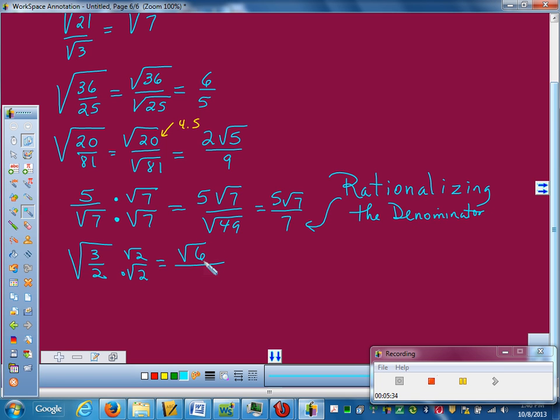Square root of 6. And the shortcut is to learn that anytime you're taking a square root times itself, the same number times itself, it's going to make a perfect square number, so it's just going to become 2. That would actually be the square root of 4, but the square root of 4 is 2. So if you take a square root times itself, you just get the number that was in there. And that would be rationalized then.